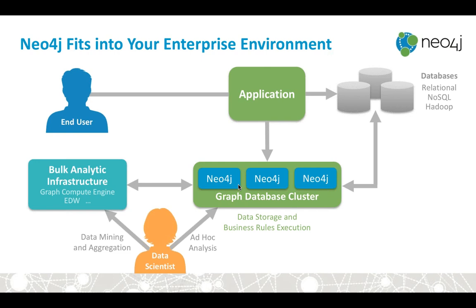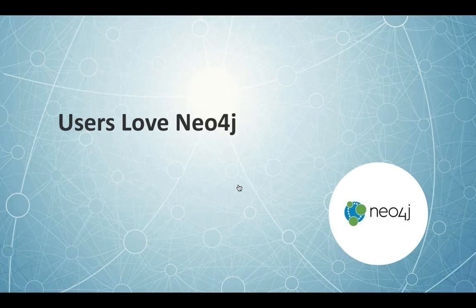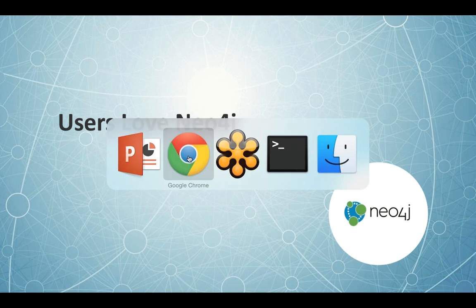And then you can have a data scientist who sits on top of all of that and does ad hoc analysis on the graph or builds applications on top of a bulk analytic infrastructure that connects to your graph database to discover all of those relationships.